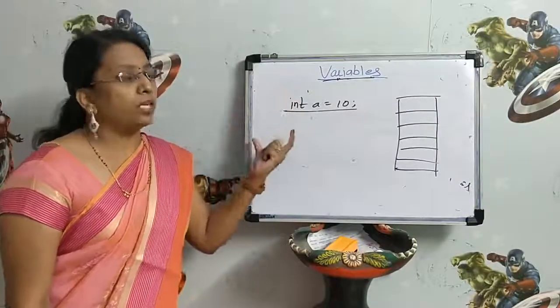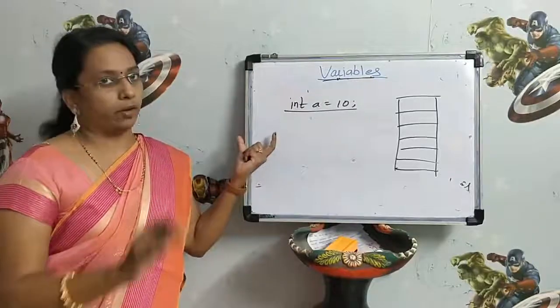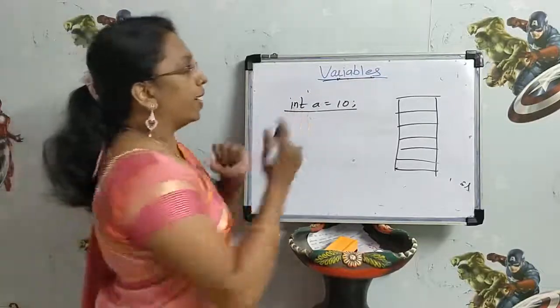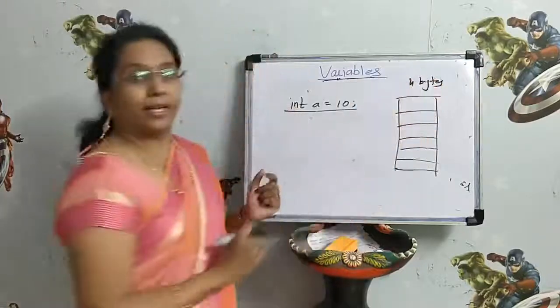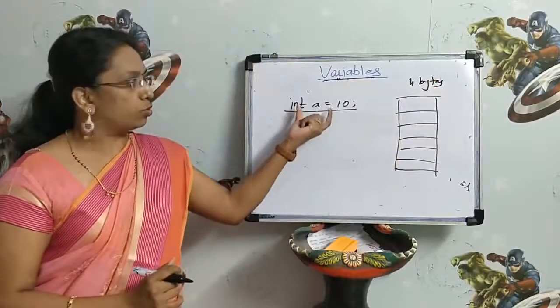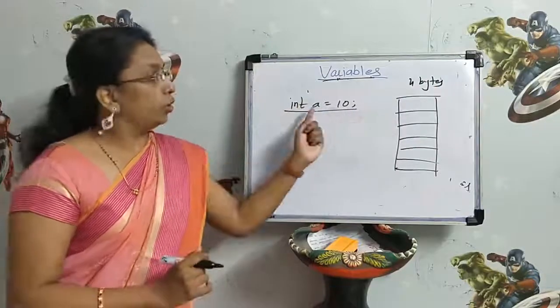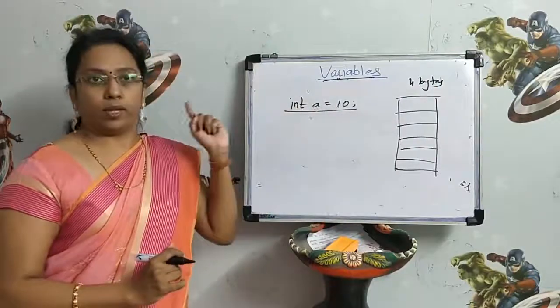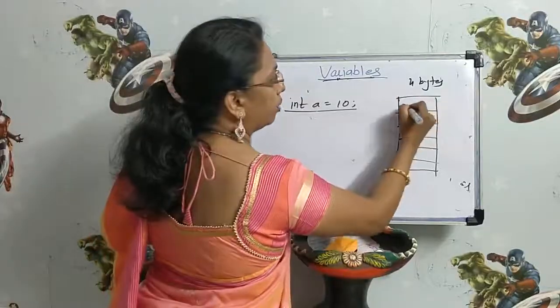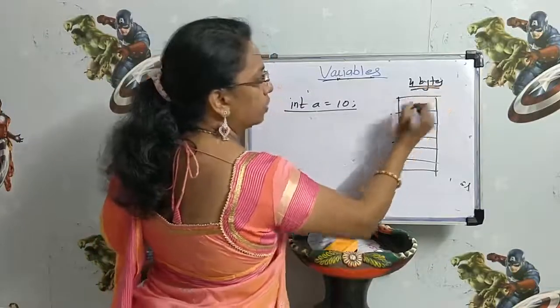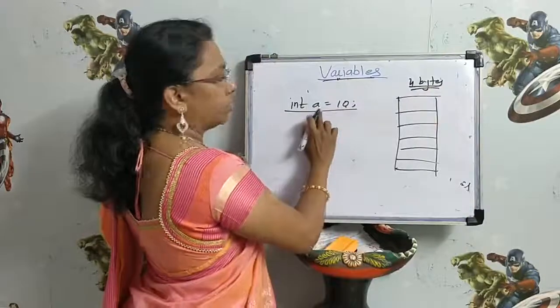So how many bytes do we need to store integer data? 4 bytes. So 4 bytes of memory space are going to be reserved to store this value for this variable. So here the system is going to allocate 4 bytes of memory space to store this value for this variable.